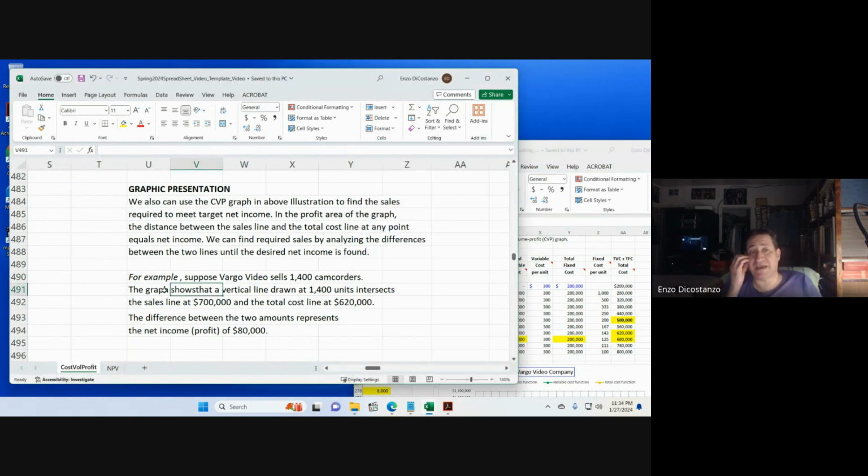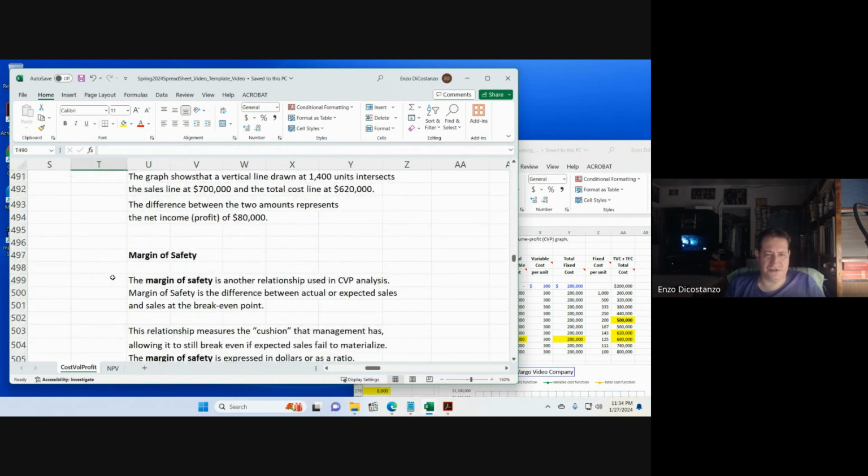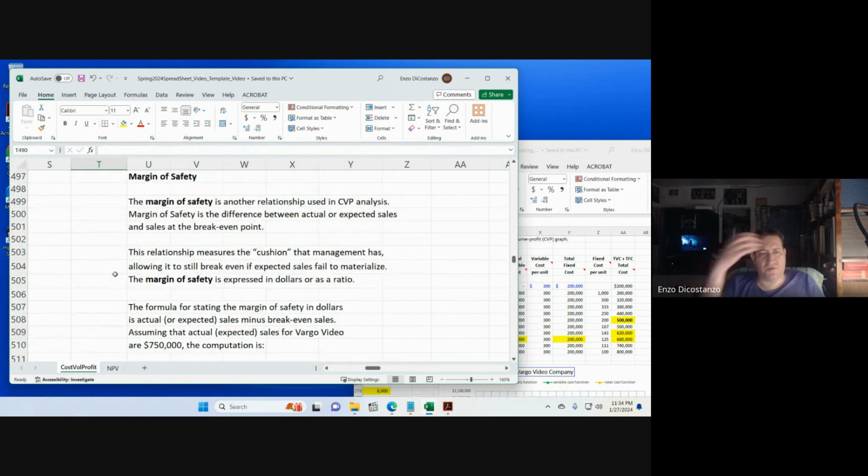So again, when you do it graphically, we've answered all these questions here, and we've illustrated this particular quantity point. What's margin of safety? It's between actual or expected sales and sales at the break-even point.